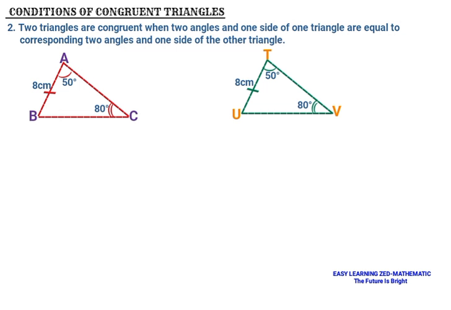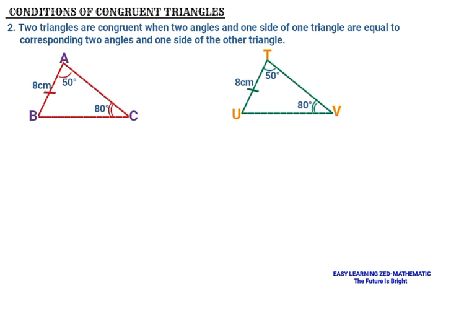Down here I've got two triangles which I've drawn, which I'm going to use for demonstration purposes to interpret the second condition. As you can see, we have triangle ABC and triangle TUV.